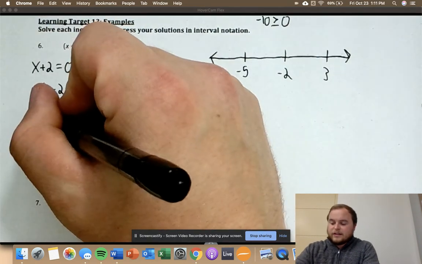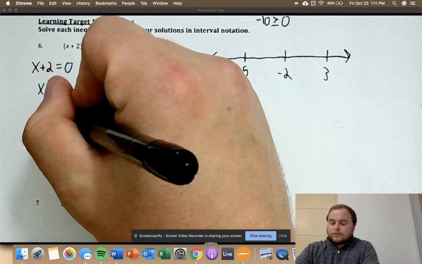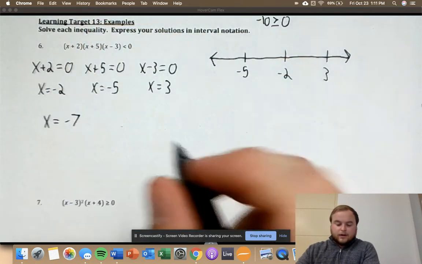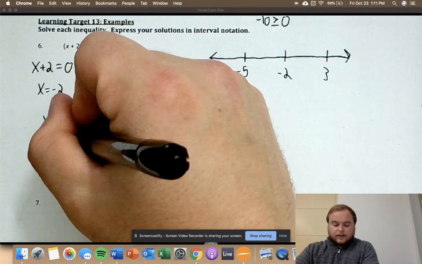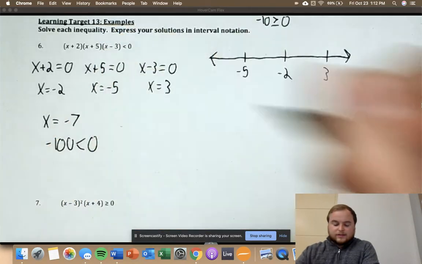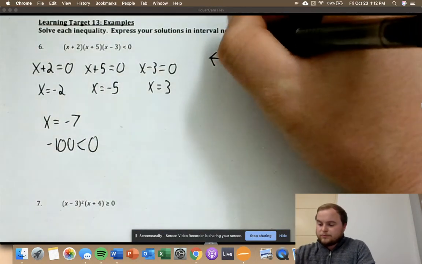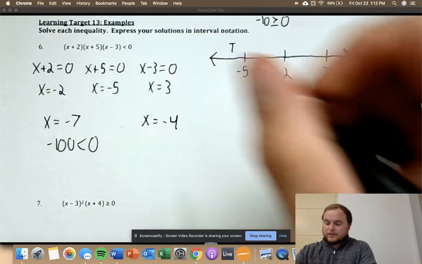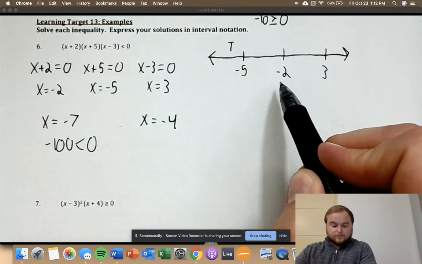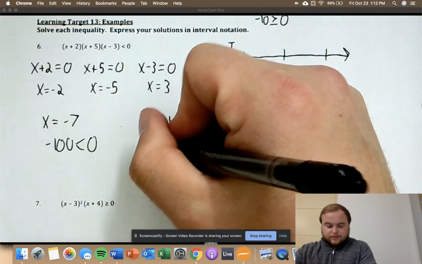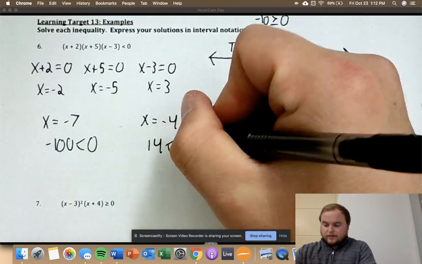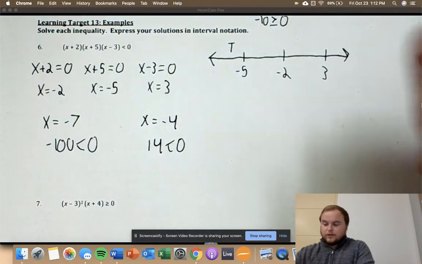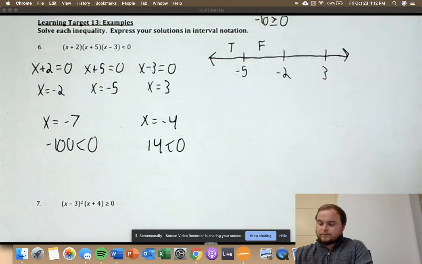Let's just say we tested at x equals -7. Right? And that ended up giving us -100 is less than 0, which is true. We can test when x is equal to -4, because that's in between -5 and -2. And that'll simplify to 14 is less than 0, which is false.